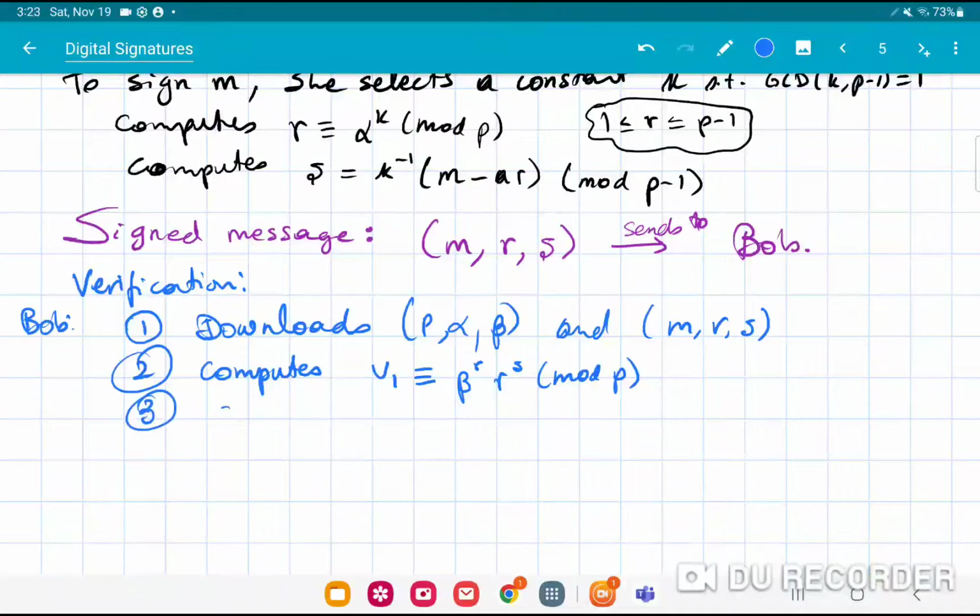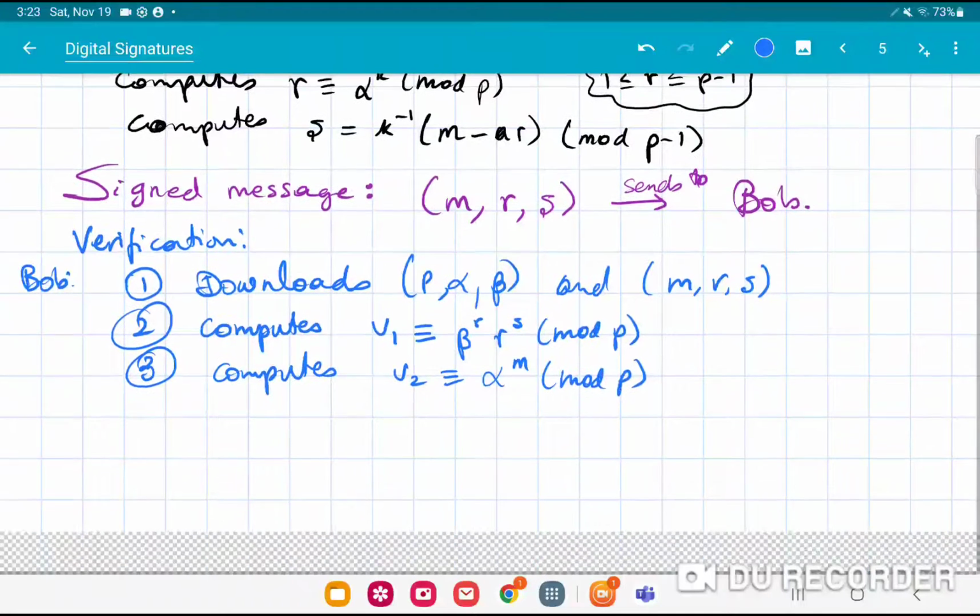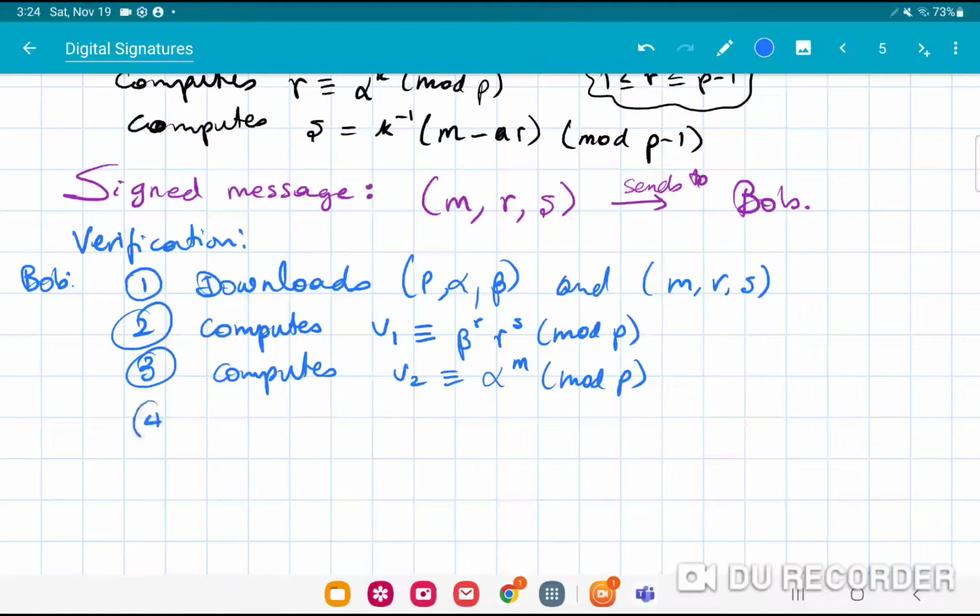And he computes another number V2, which equals alpha to the power of M mod P. So these are the 2 values he computes, and he compares V1 and V2.